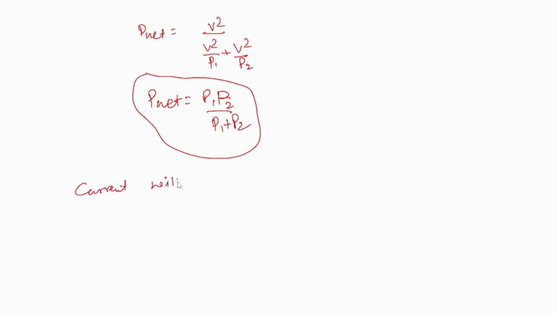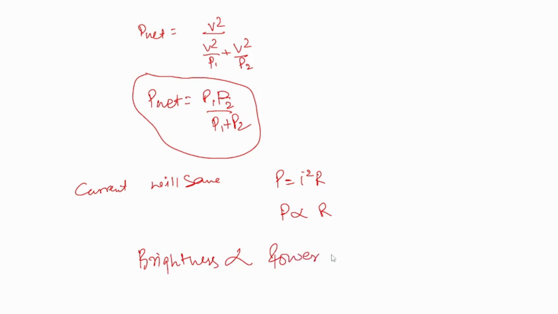That means P is equal to I square R, so P is directly proportional to R. This implies that brightness is directly proportional to power consumed by the bulb, which is directly proportional to R, and this will be directly proportional to 1 upon P, the value which is given.